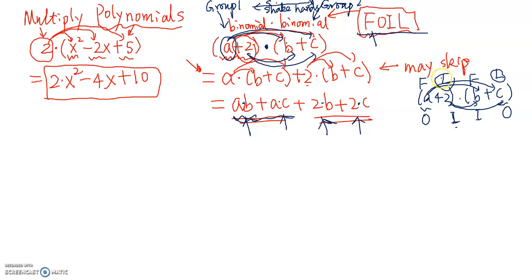But if you've never learned this before, you may not want to bother to memorize all of these names, first and last and outer and inner. You don't have to remember that way. But there are many ways to help you remember. I personally just like to just do distribution, because this way can be applied to any other number of terms. So next, we can look at some examples here.